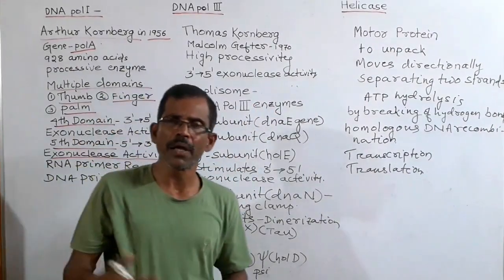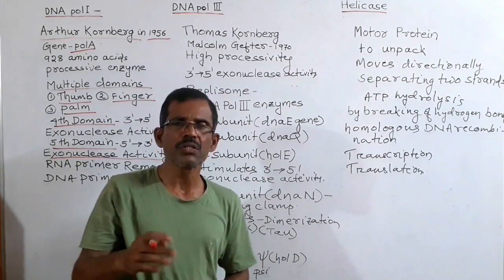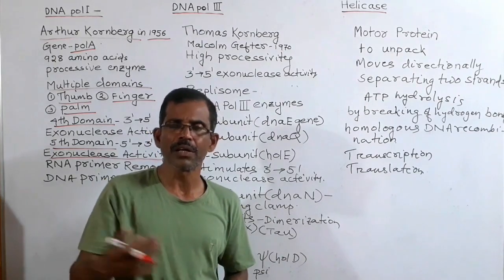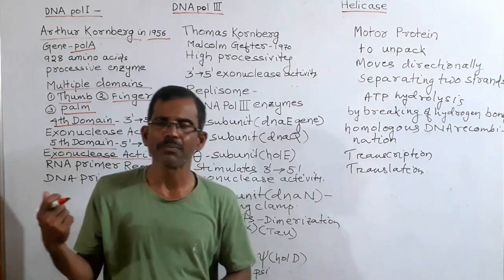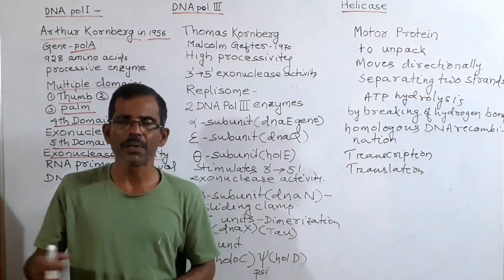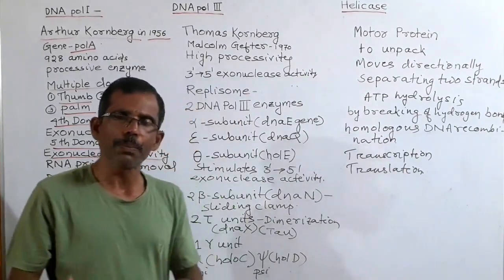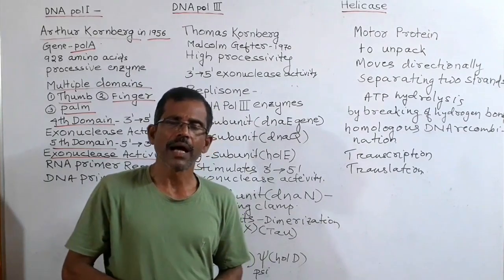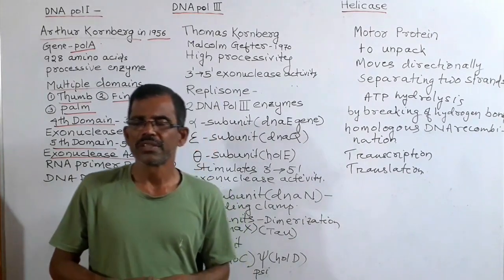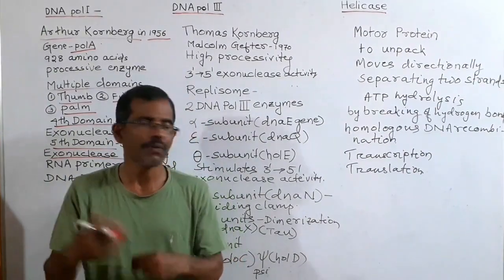High processivity means the enzyme DNA polymerase 3 continuously adds a large number of nucleotides one after another before separating from the DNA template. You know that for the process of DNA replication, we need a DNA template. So before separating from the template, the enzyme catalyzes the addition of several nucleotides one after one.